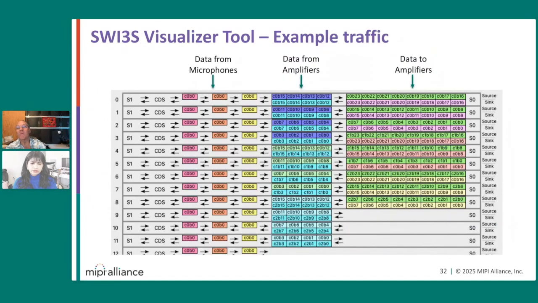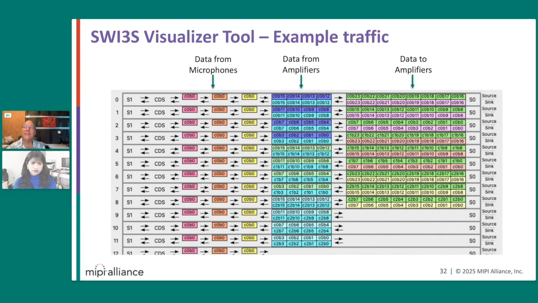This shows a hypothetical system on the left where we have the data coming from the microphones. You can see each microphone gets an opportunity every row to transmit. Here we're probably running at 3.072 megahertz row rate. So you can see the latency is quite low, on the order of 300 nanoseconds for those microphone signals.